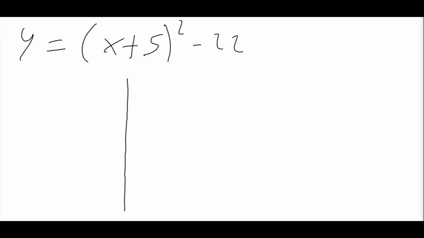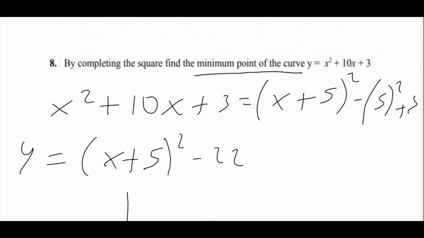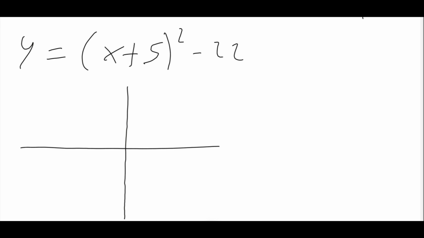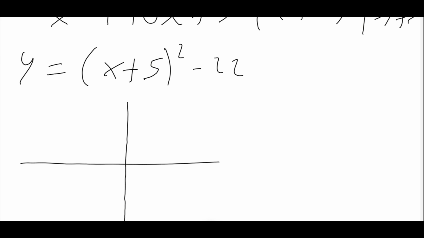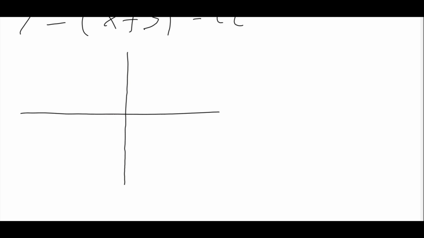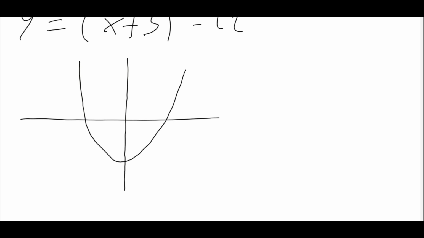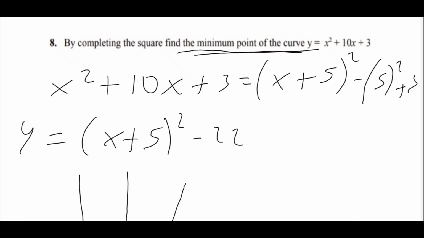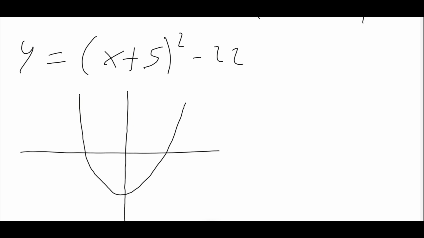Since this is a quadratic equation, we know for sure it's a parabola. And you can see the minimum point of the curve is the bottom point of the parabola.